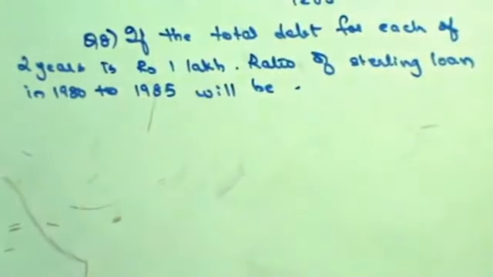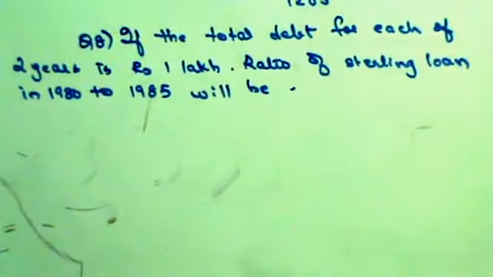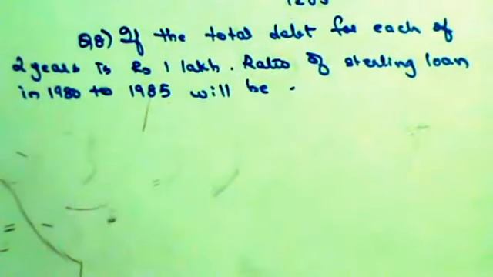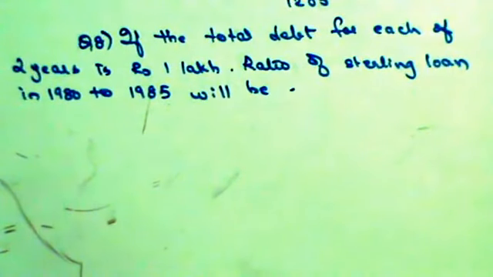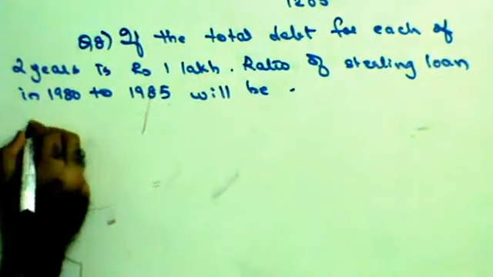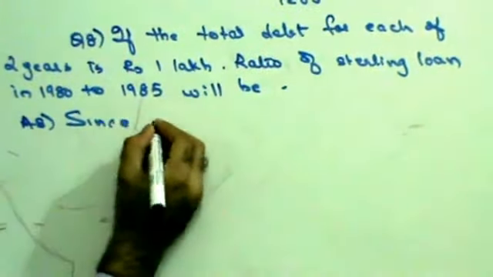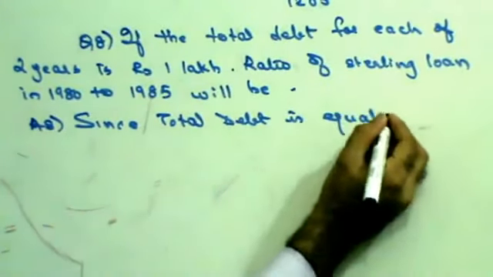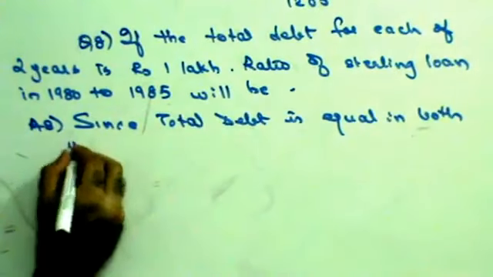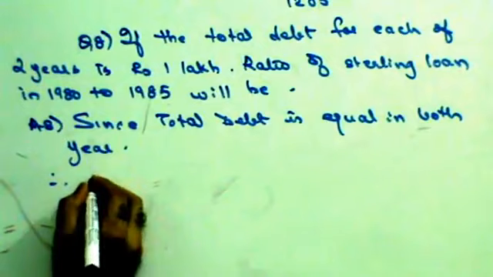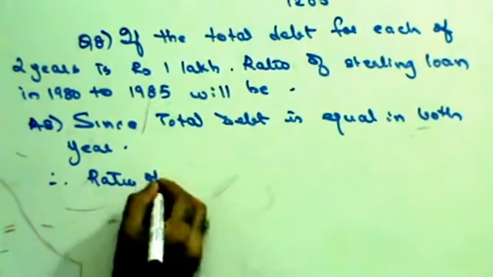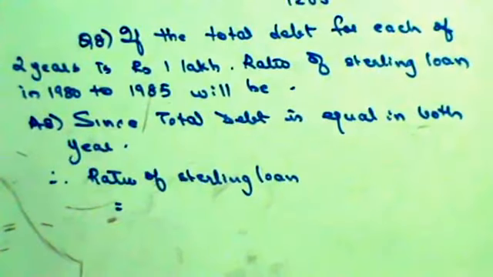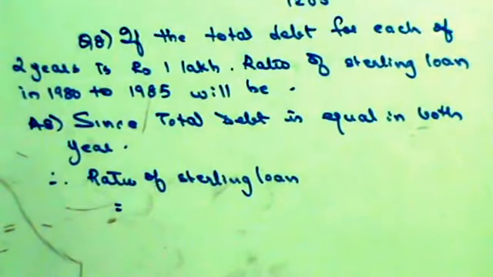Now guys, if the total debt becomes 1 lakh in both the years, then the ratio of every loan will be nothing but the degrees that it is occupying, right? Since total debt is equal in both years, therefore the ratio of sterling loans will be equal to whatever is the pie chart degree that they are occupying.